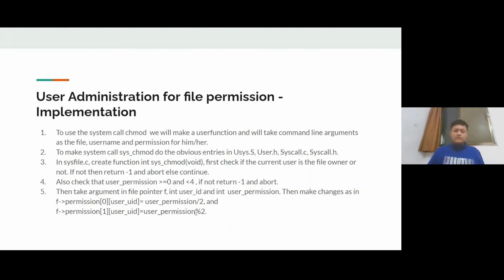So here we are saying that in the permissions, the least significant bit represents the writing permission, and the most significant bit, that is the second bit from the right, represents the reading permission. So accordingly, we can fill the entries in the permission table. Thank you.